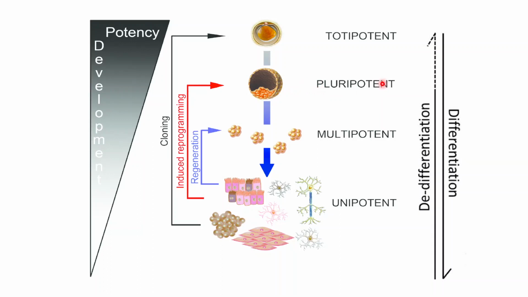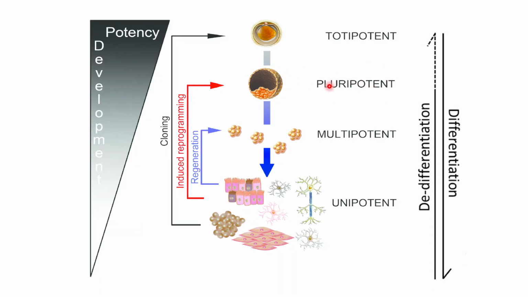That is, they can give rise to some but not all kinds of cells in the body. Pluripotent cells are capable of forming the embryo proper, which later gets implanted into the endometrial lining of the uterus. However, they cannot give rise to the extra embryonic tissue. Therefore, they are called pluripotent.